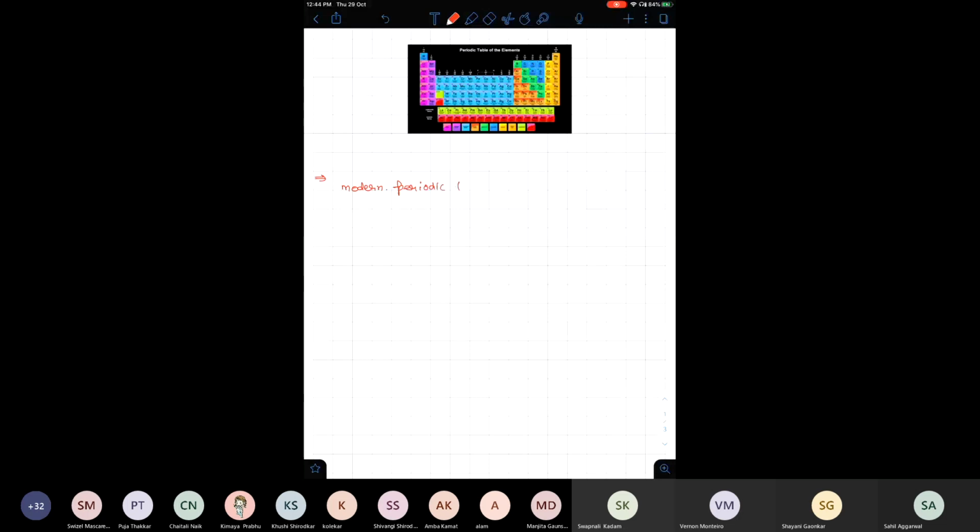Modern periodic table is based on the atomic number of elements.